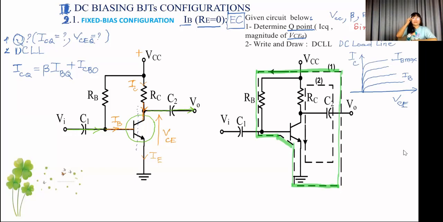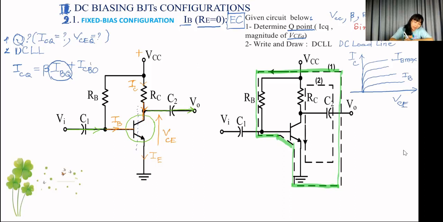It means we need to begin from the current IB. This current, you can see in the picture. Where is the first current?